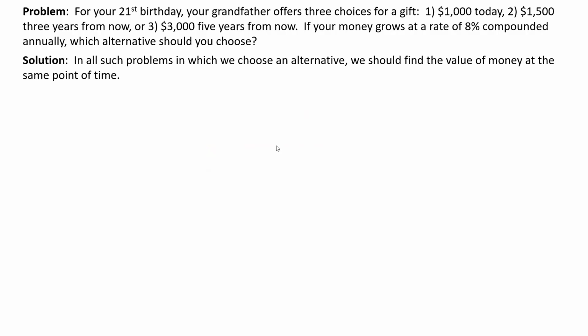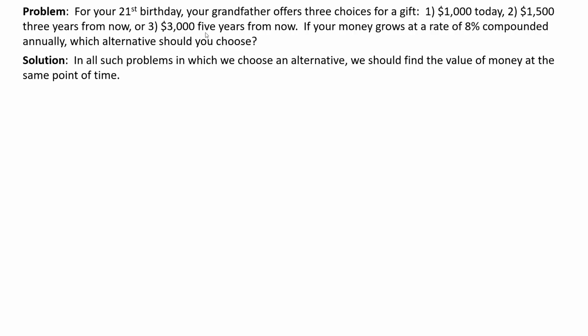In all such problems in which we choose an alternative, we should find the value of money at the same point in time. That's the key. For instance, find the present value of all the three options, or find the future value of all the three options at one particular time.